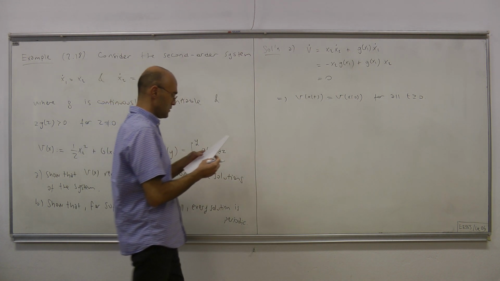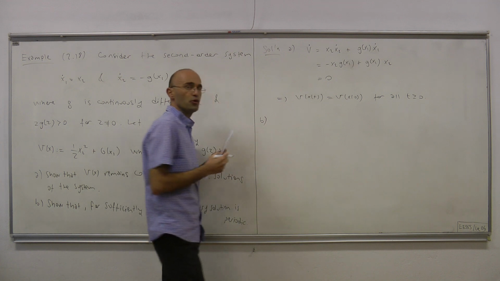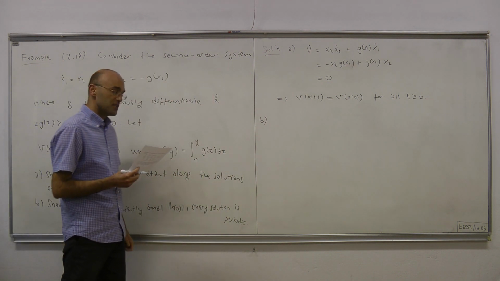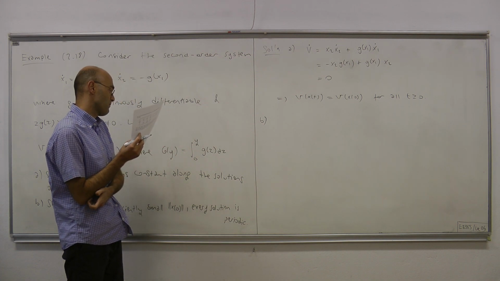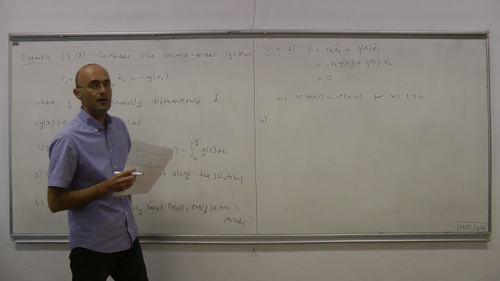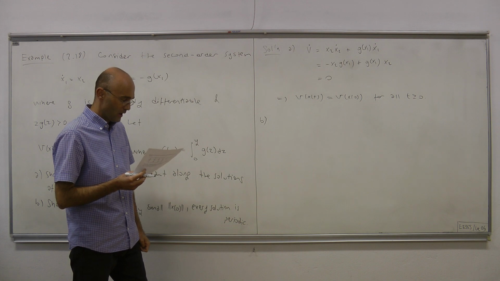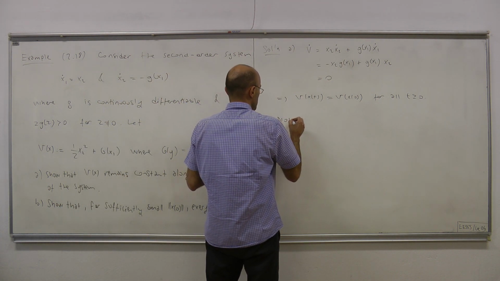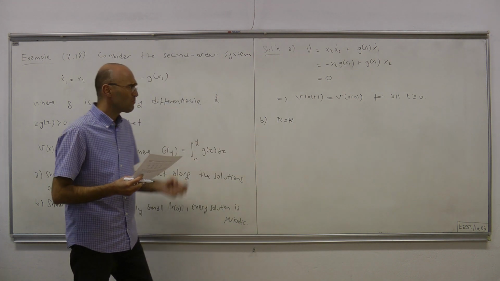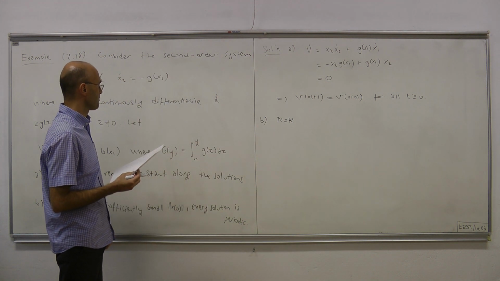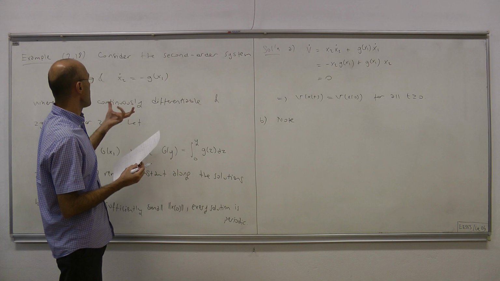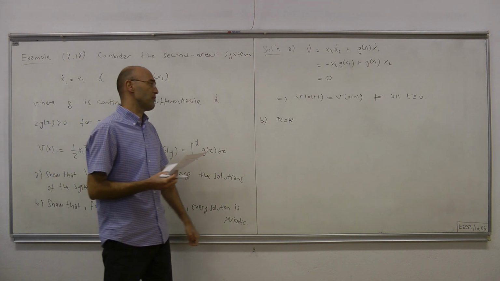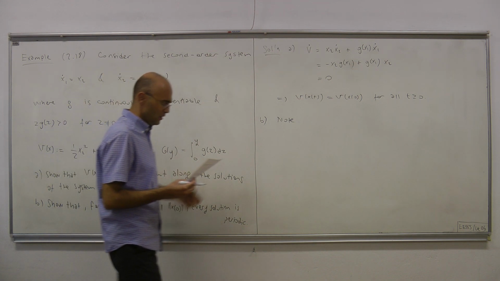Now let's move on to b, where we will try to show that for sufficiently small initial conditions, every solution is periodic. First, let's observe the properties of that function g for our purposes.